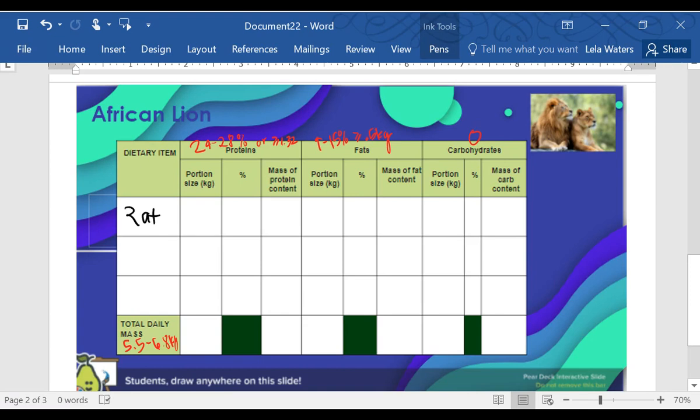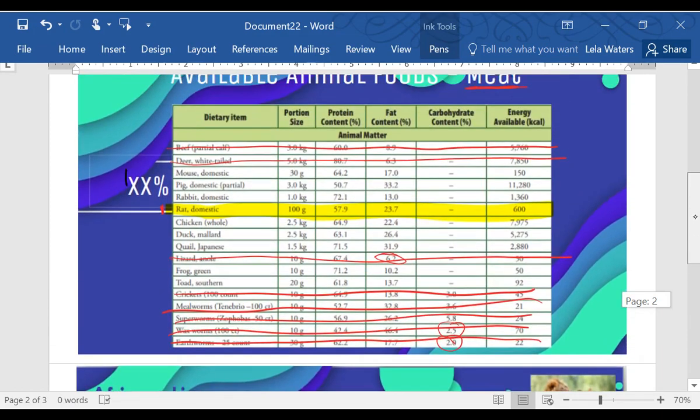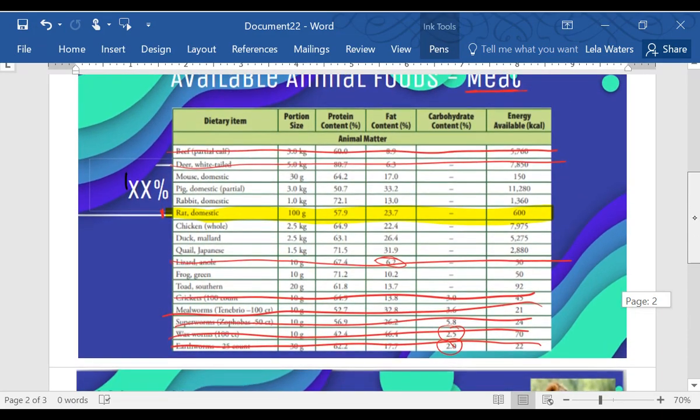So the portion size on the rat was 100 grams. And so this is supposed to be listed in kilograms, and so we're going to have to convert that 100 grams here in just a second. And then the percent that was protein from the rat was 57.9.